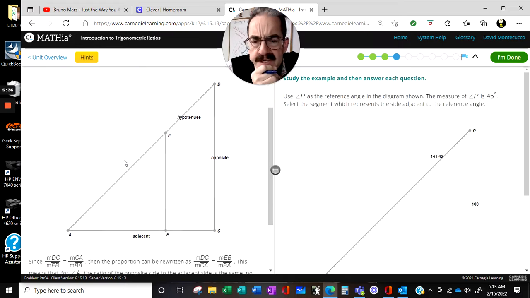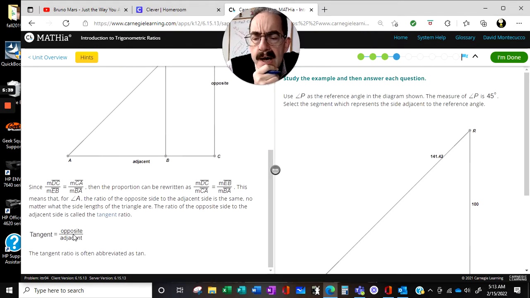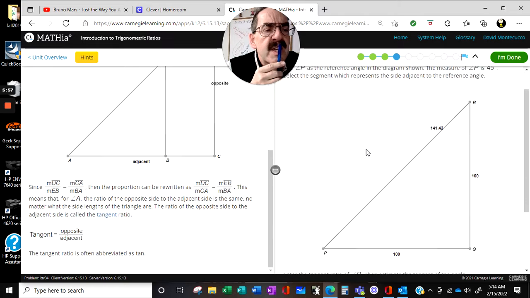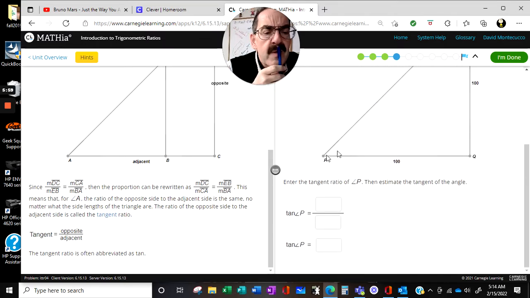Now, tangent. Tangent is the opposite over the adjacent. So we're introducing the unit circle. We're introducing Sohcahtoa. So the tangent, 45, 45.